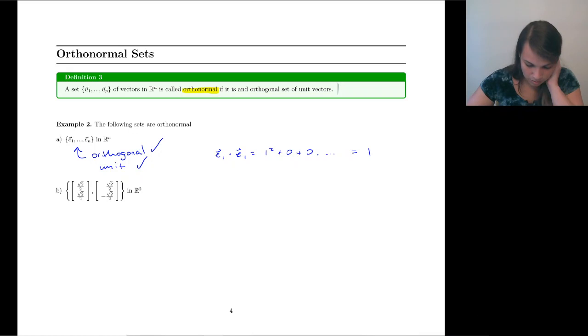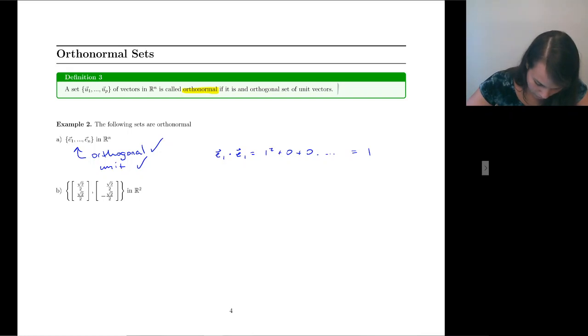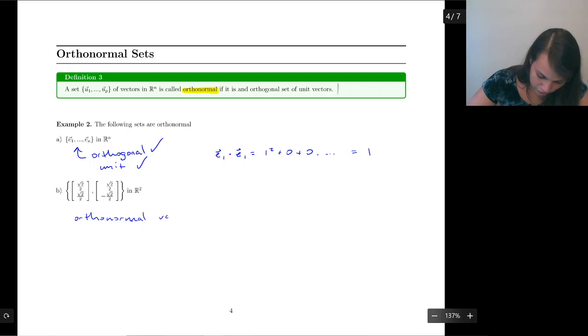And then this one, I'm going to say, is the orthonormal version of the set (1, 1), (1, -1).